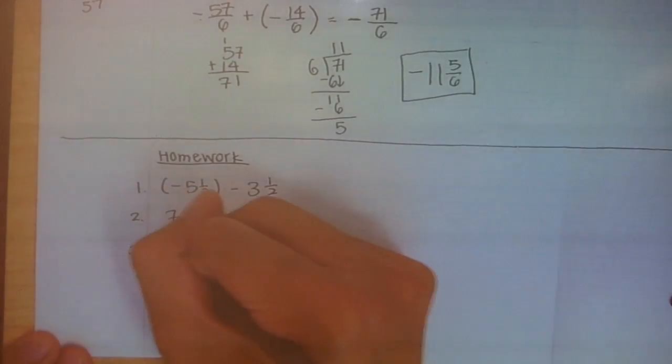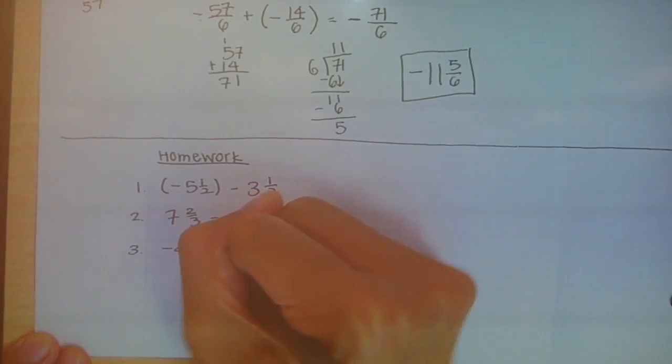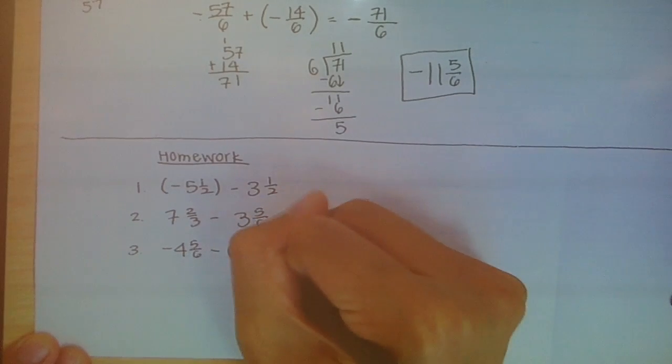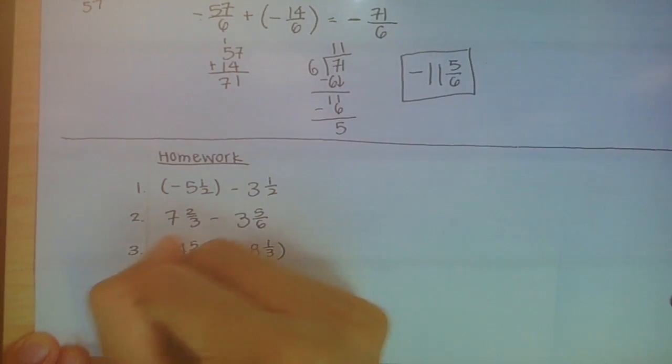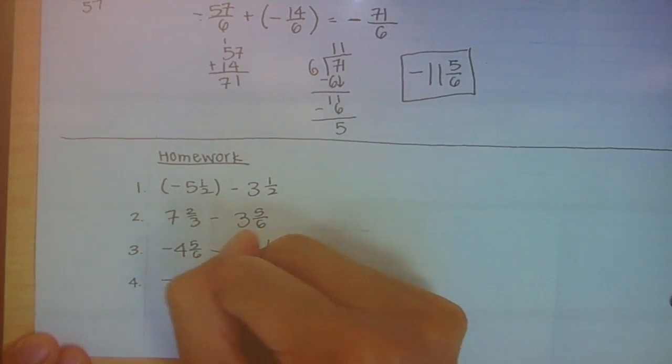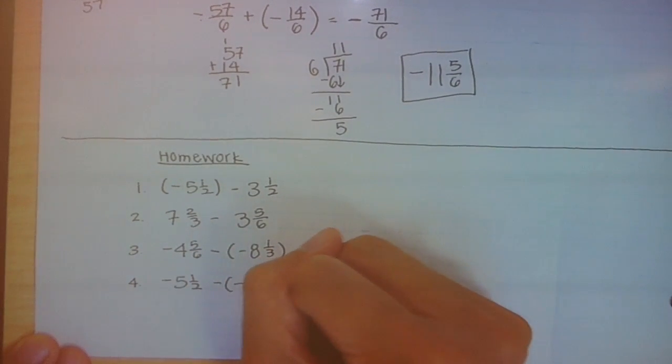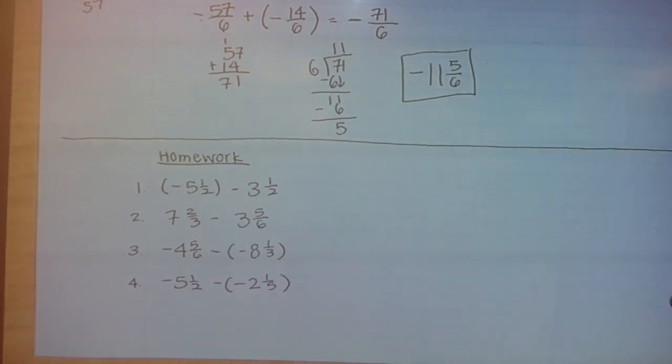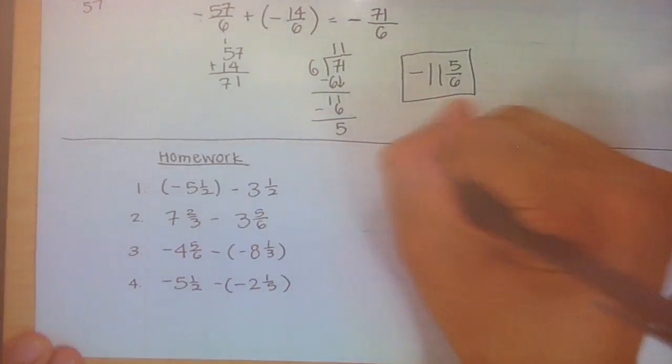Number 3 is negative 4 5/6 minus negative 8 1/3. And the last one is negative 5.5 minus negative 2 1/5. Make sure you do this on a separate paper.